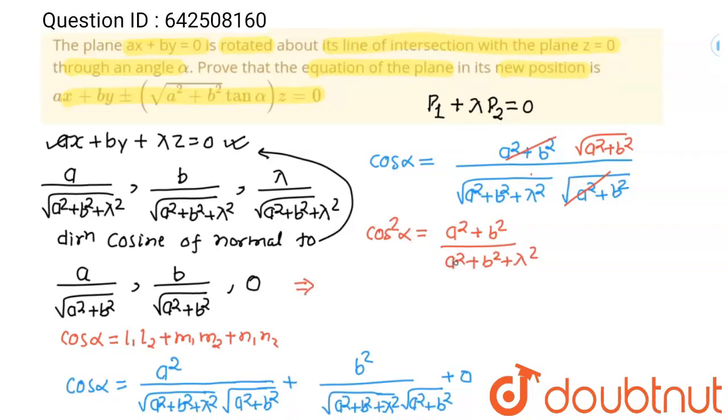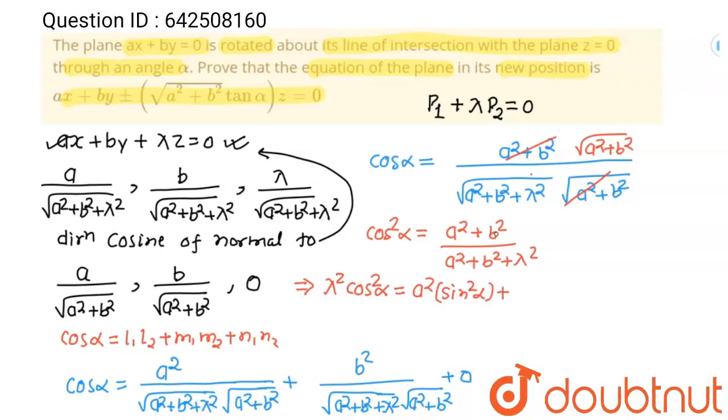We will get a square cos square alpha, b square cos square alpha, and lambda square cos square alpha. a square cos square alpha and b square cos square alpha will go to the RHS, and lambda square cos square alpha will remain on the LHS. Already here is a square, so we take a square common, and 1 minus cos square alpha will become sin square alpha.